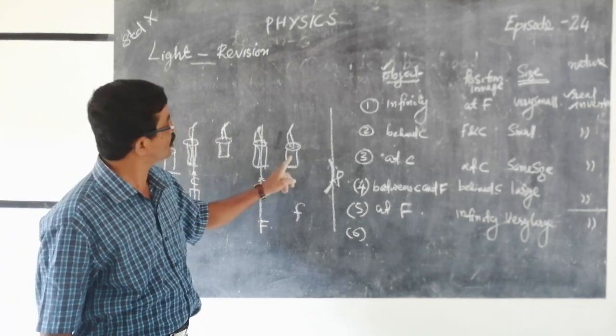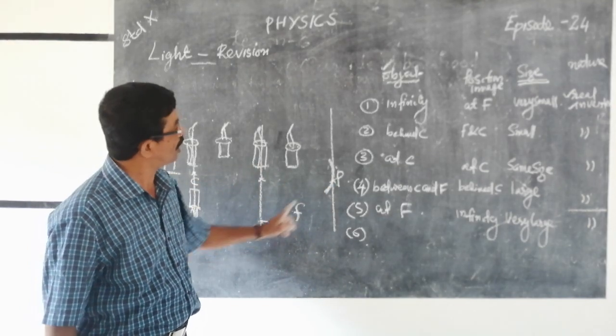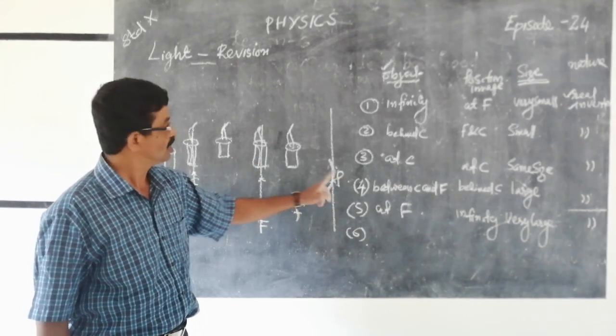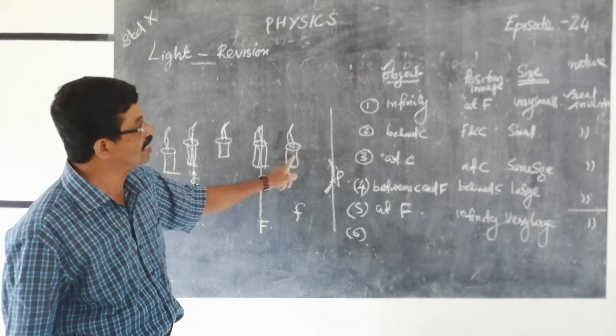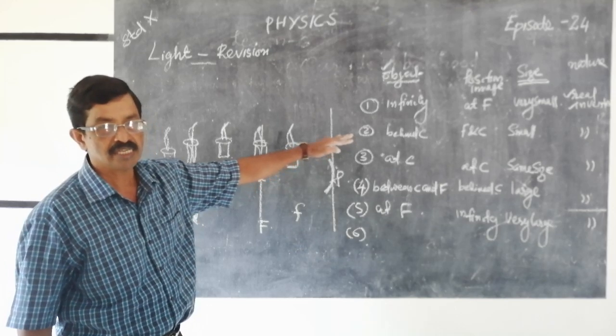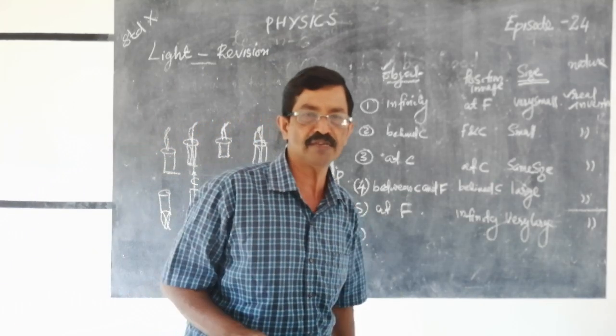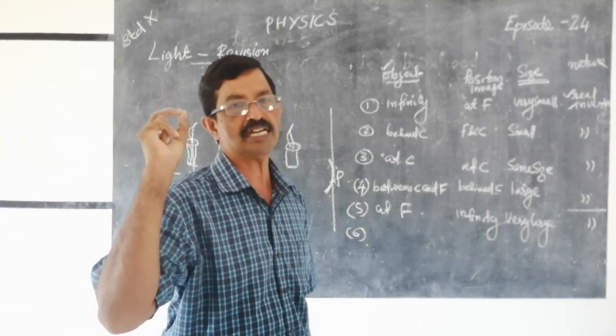When the object is in between F and P, see that here is the position of the object. Now we can see the image on the mirror.